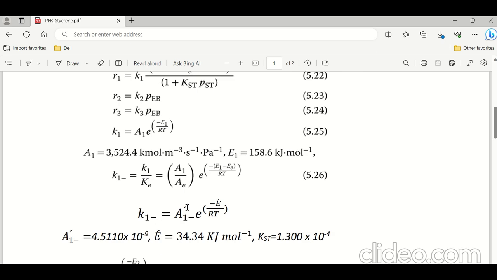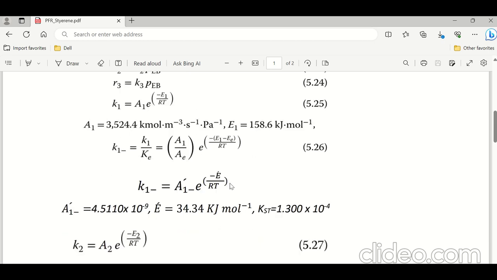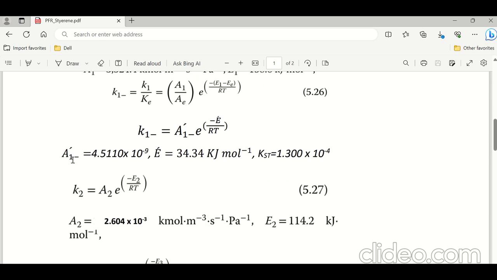K1 dash is equal to A1 dash exponential minus E dash by RT. A1 dash is A1 by AE, and E dash is E1 minus EE. So this is how we can calculate this term, and the values of A1, E and KST parameters are given.